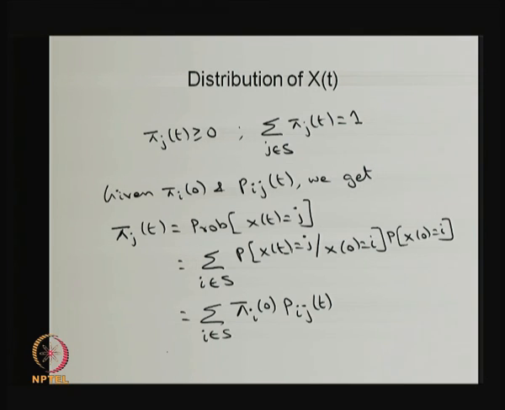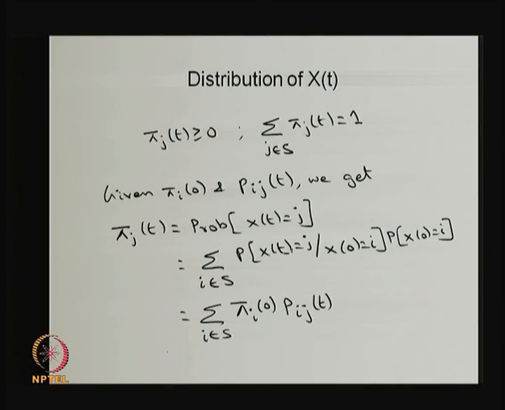So, in this lecture, I have started with the Markov process, then I have discussed the definition of a continuous time Markov chain, and also I have given the distribution of time spent in any state before moving into any other state.